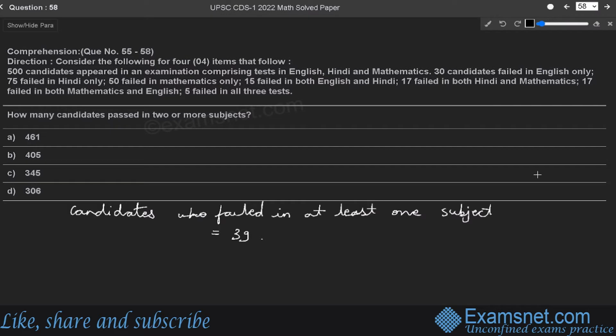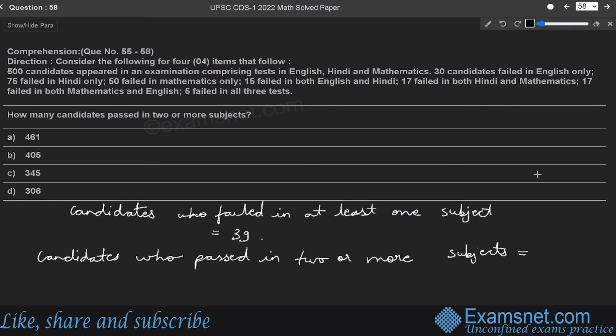Now, to find the value for candidates who passed in 2 or more subjects, it will be candidates who passed in 2 or more subjects will be equal to total candidates minus candidates who failed in at least one subject. It makes sense.